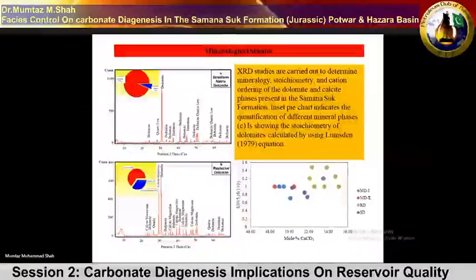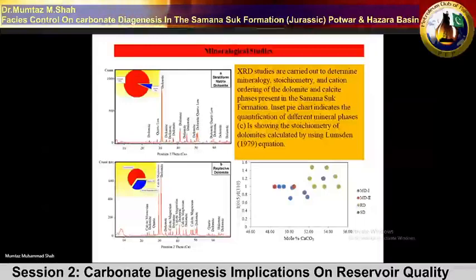Some mineralogical studies with XRD data have been carried out to look at the constituents in terms of their mineralogy.